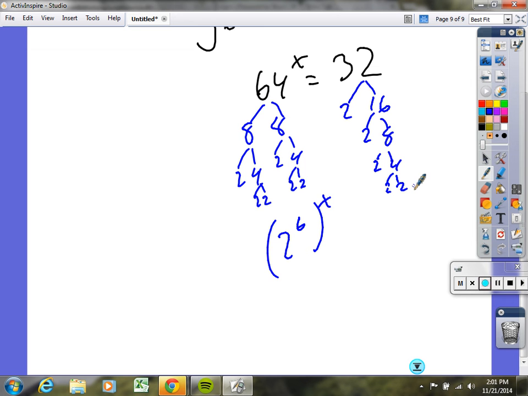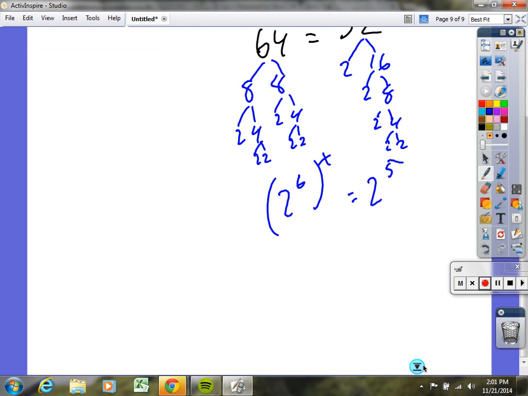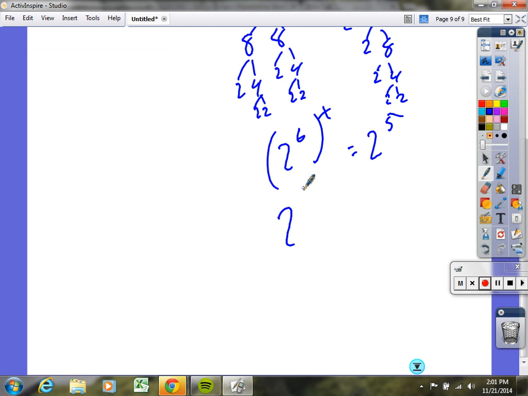Do we understand how that came about? What did I just do there, ladies and gentlemen? I got these guys to be the same base. Now, what does a power to a power do for us in exponentials? We multiply. So now this is 2 to the 6x equals 2 to the 5th.